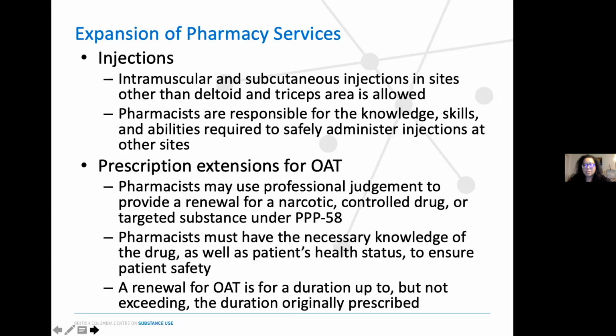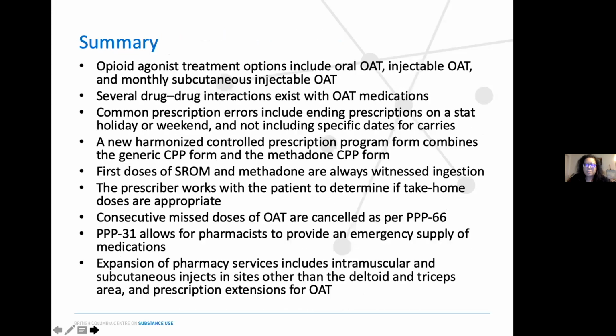And we have to also, as pharmacists, have the necessary knowledge of the drug and an assessment of the case at that time. And like I said, a renewal is for a duration not exceeding the duration originally prescribed. So if it was prescribed for a week last week, I could technically extend that prescription for another week. This is new since fall, to ensure that we're looking at retention and everything else to support the patient.